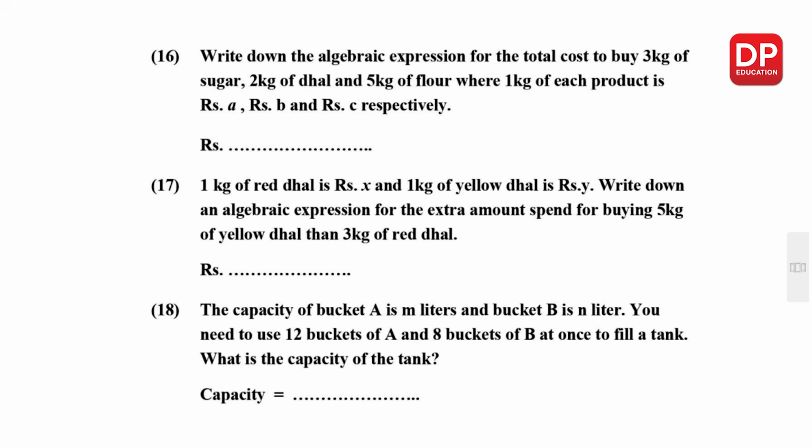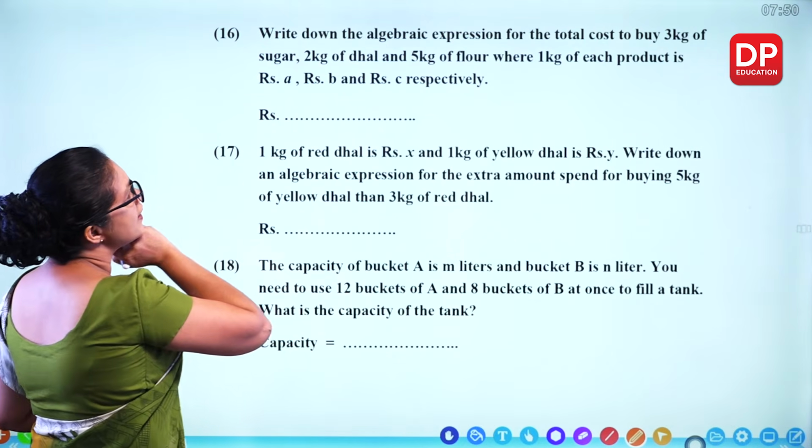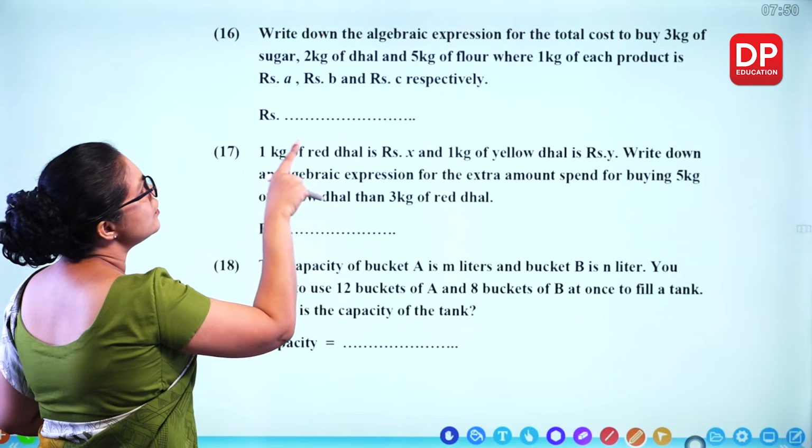Look at this one. Write down the algebraic expression for the total cost to buy 3 kilos of sugar, 2 kilos of dal and 5 kilos of flour, where 1 kilo of each product is A rupees, B rupees and C rupees respectively. So what are the values?